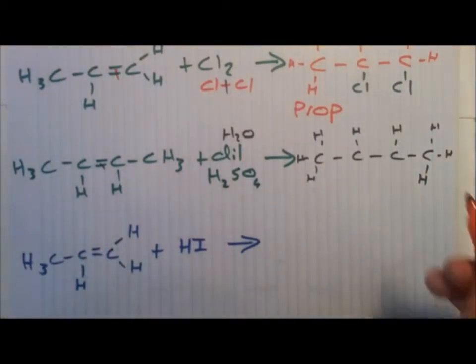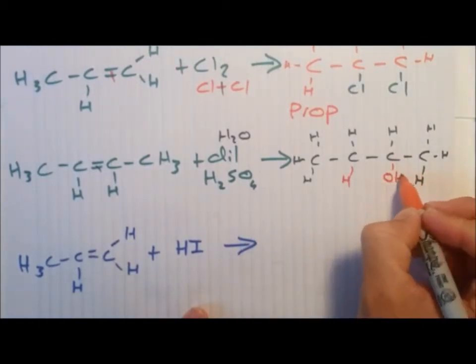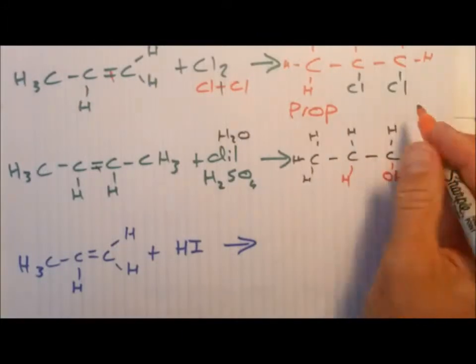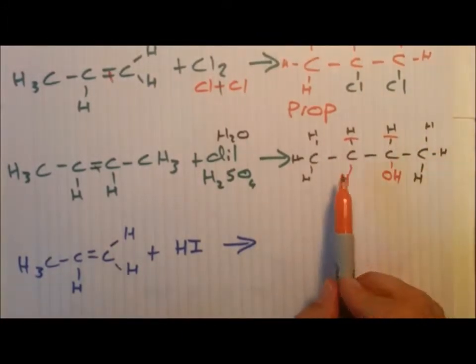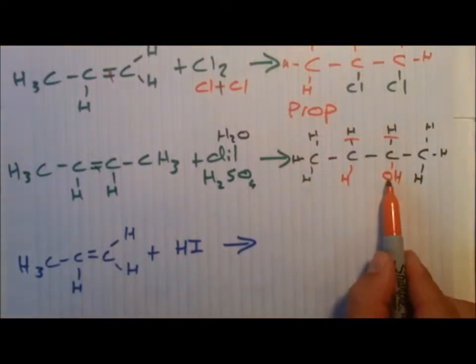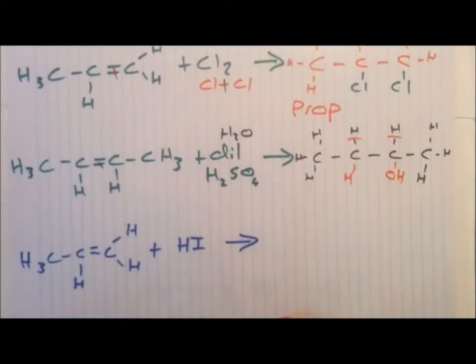That means that we can add an H to one side and an OH to the other. Now you notice, because both of these carbons only have one hydrogen each, it doesn't matter which side that you bond it to. Also notice that my bond goes to the O, not in between, and not to the H.